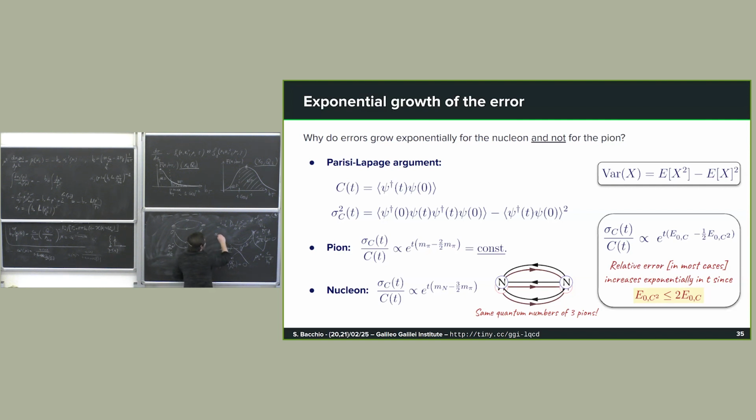So if you put in one point u d and u bar d bar, all 6 quarks, and you have another 6 quarks of the same, you see that these are pions propagating, not nucleons. And therefore, you expect the relative error of the nucleon to grow as the difference of the nucleon mass minus 3.5 pion masses. And this is quite a big exponential, so this is how your error increases.